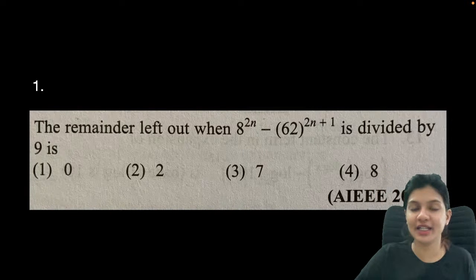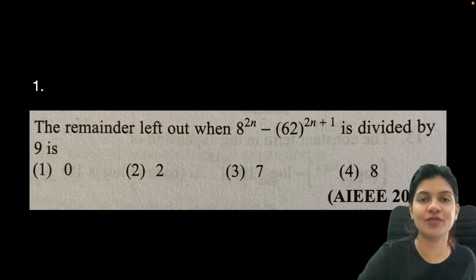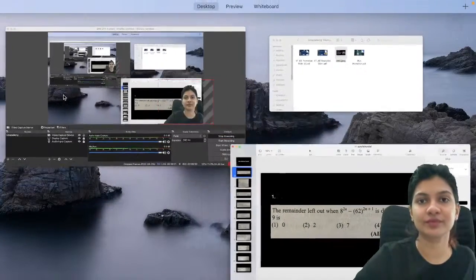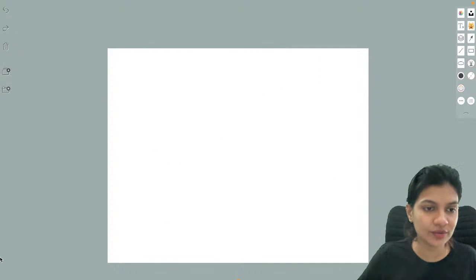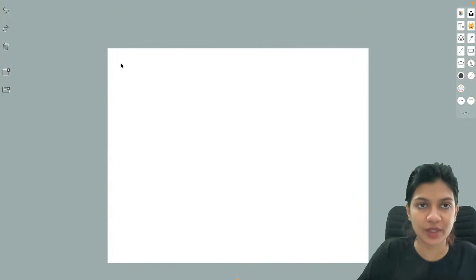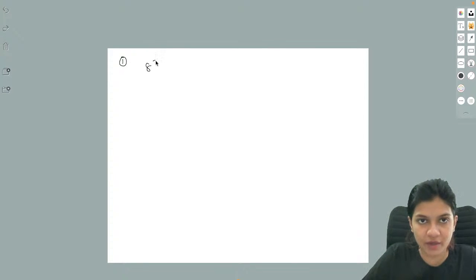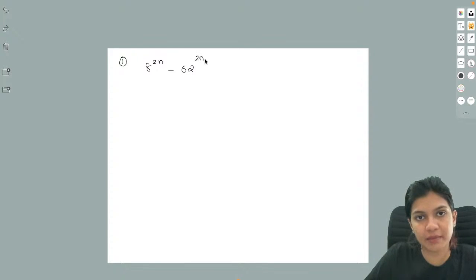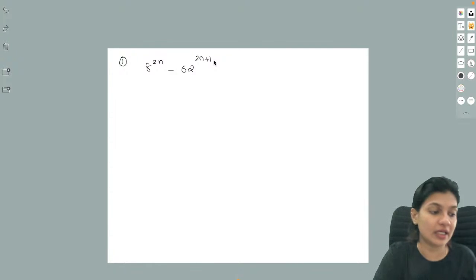Okay, the correct option is option 2. Let us check out the solution. The question states that 8 to the power 2n minus 62 to the power 2n plus 1 is to be divided by 9.